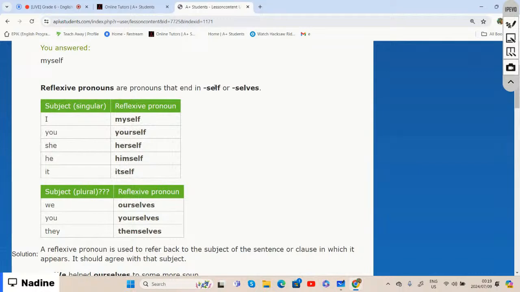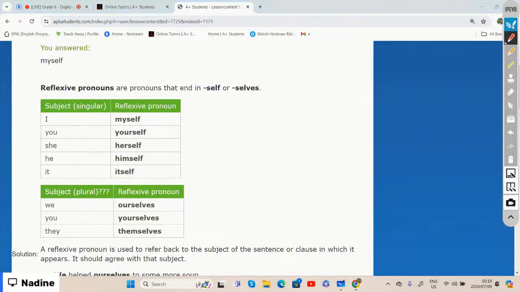It is pronouns that end in self or selves, which we made mention of. Here we have our singular subjects on the side, and these singular subjects refer to our reflexive pronouns on the right, which are in bold. When we have a singular subject, our reflexive pronouns end in self, which can be I, myself; you, yourself; she, herself; he, himself; or it, itself.